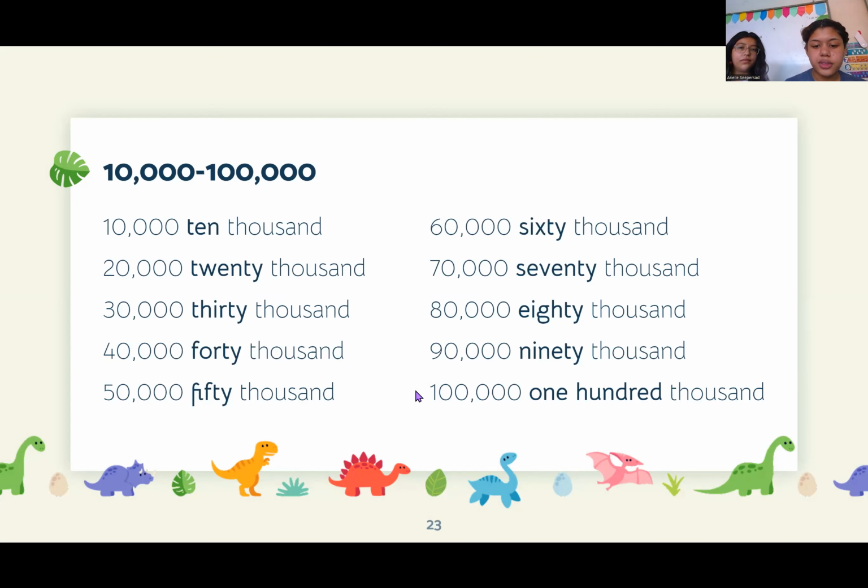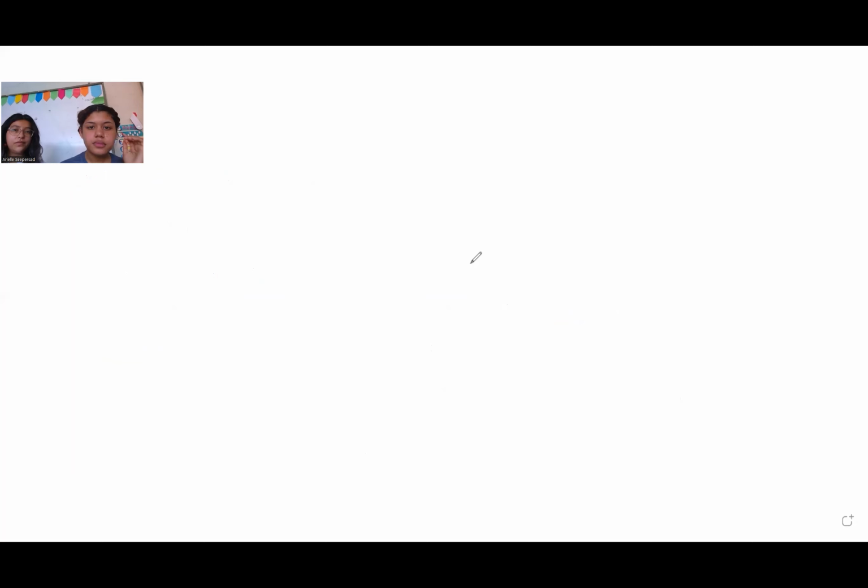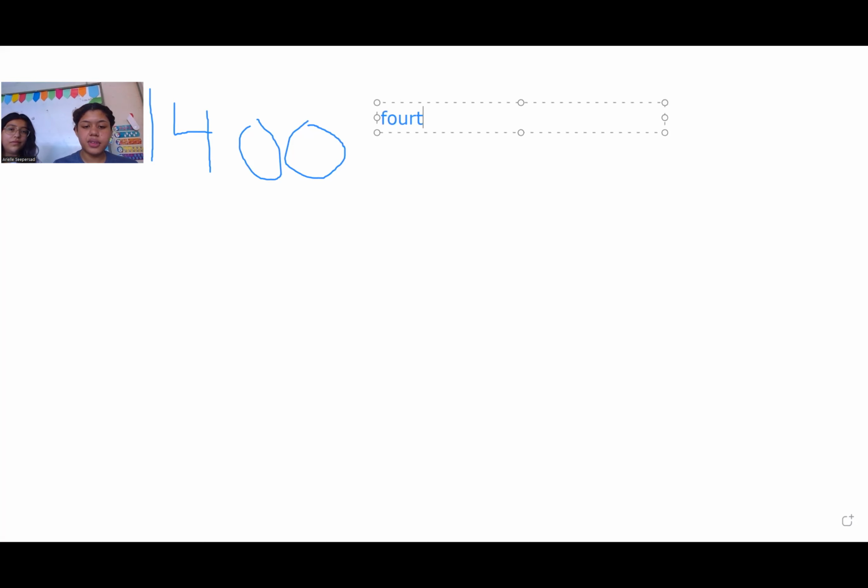Okay, so I'll just go to the whiteboard for this one. So for example, if we have a number like this, when it ends with 2 zeros, el último dos ceros, we can say 1,400. So that can be 1,400.